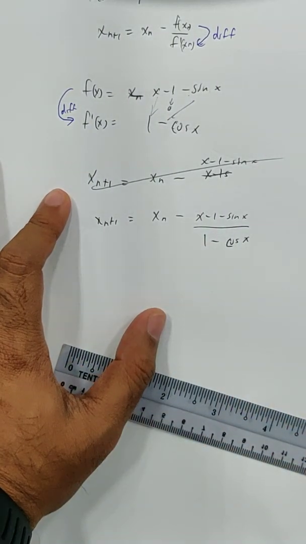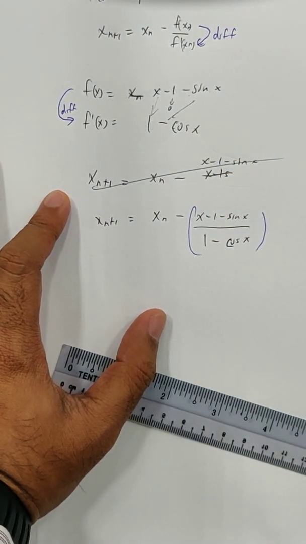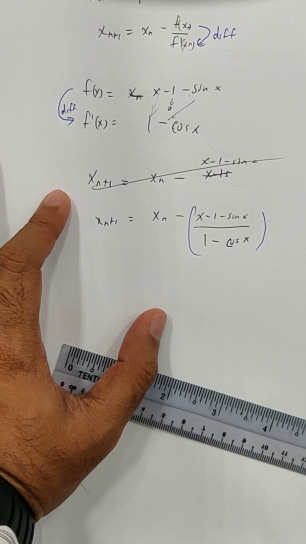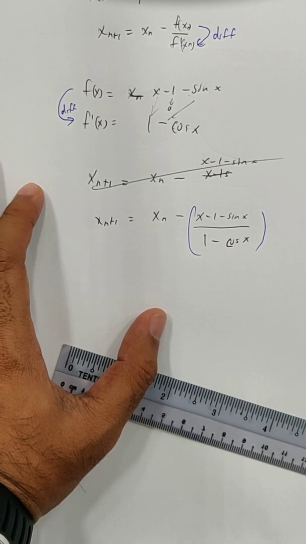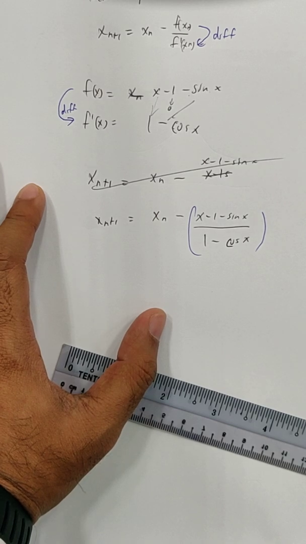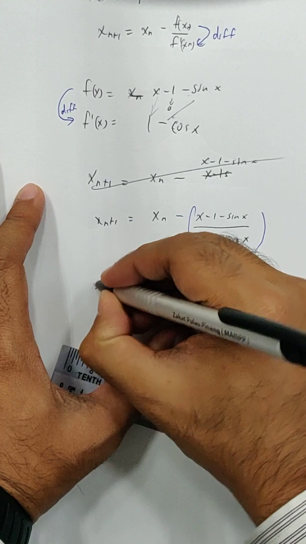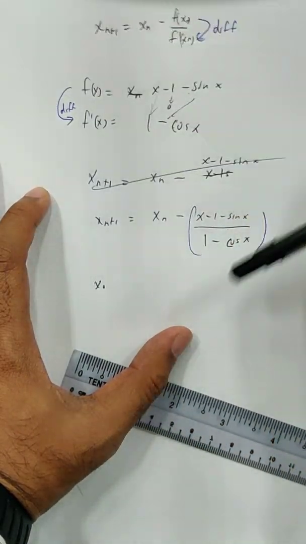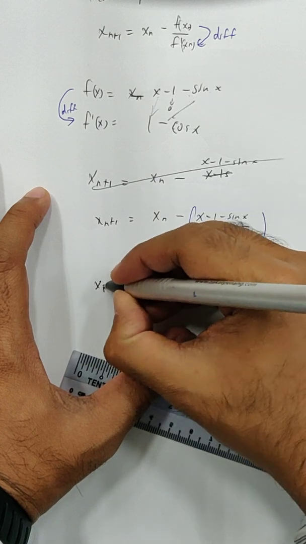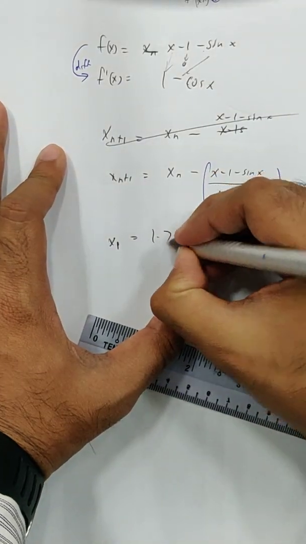Okay, so we got here. You might want to put a bracket. So how should we start? What is our x1? What is our x0? Oh yes, you can write down x1, not a problem. What is our x1? 1.7.